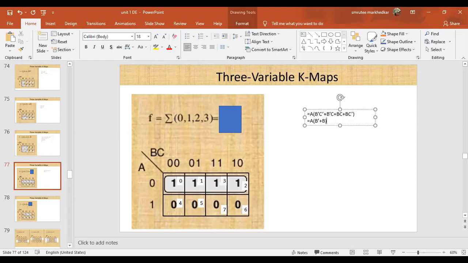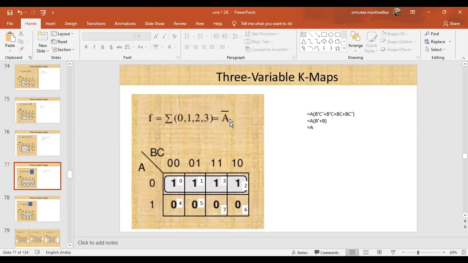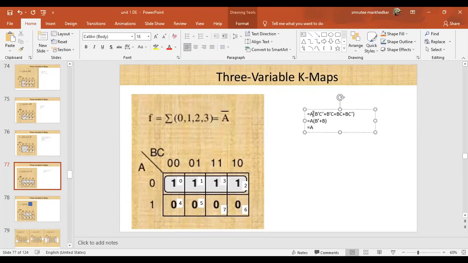C bar plus C makes it 1. Now here again, B bar plus B makes it 1. So I'm going directly with the answer that says A. Sorry, A bar should be there. We missed something. Yes, this was A bar. We missed it here. It should be A bar everywhere. So the answer we have got is also with A bar.